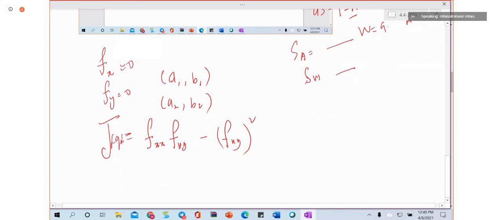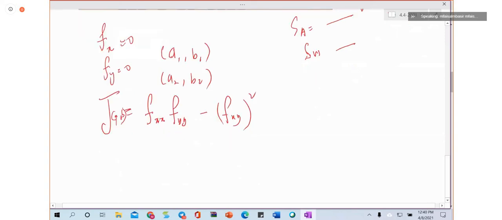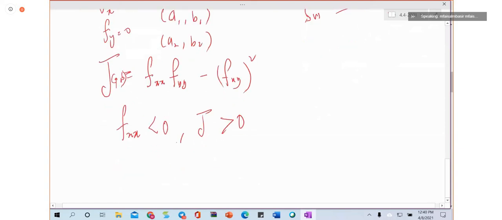So then after you get the point, check J here, and then check the f_xx. If f_xx is less than 0 and the Jacobian is positive, maximum or minimum? Maximum. So the point will be a local maximum.